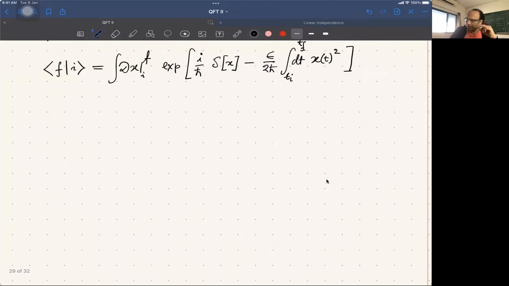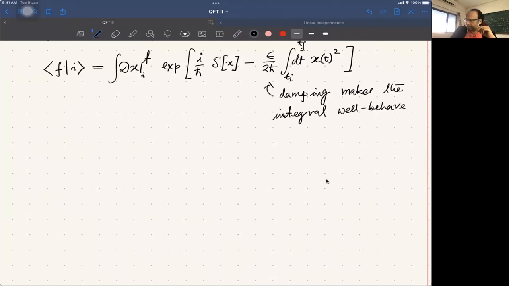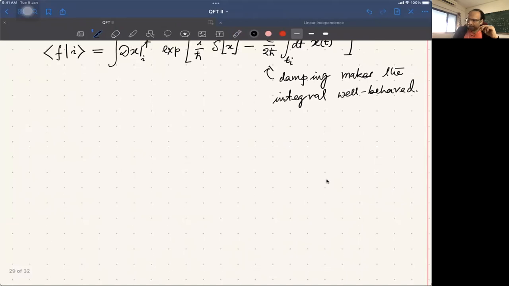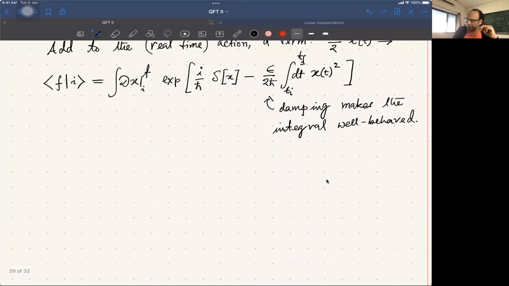So this damping makes the integral well behaved. So you have defined it with an epsilon.